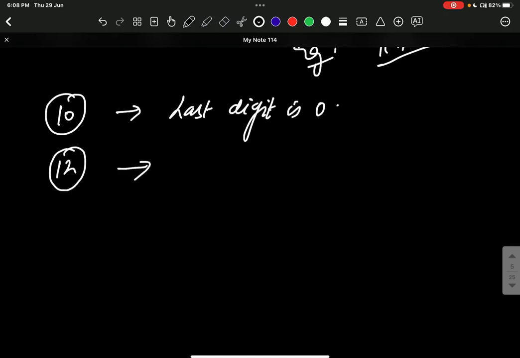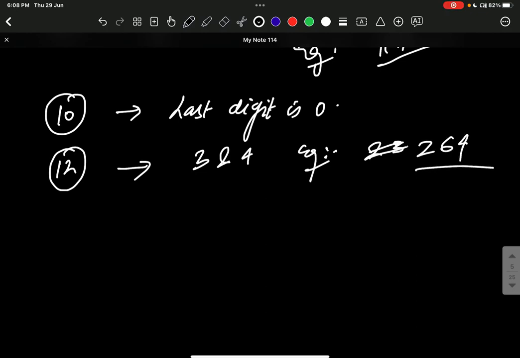Then comes divisibility by 12. For divisibility by 12, you have to check if the given number is divisible by 3 and 4. For example, 264. This is divisible by 3 and also 4. Then comes 25.